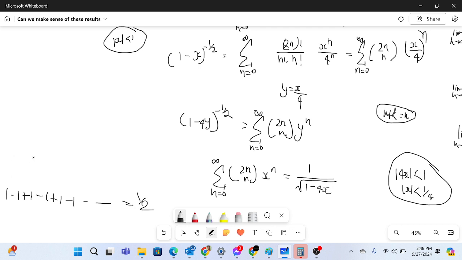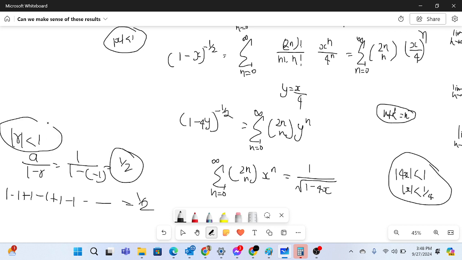And how do we get that? Just a by 1 minus r. First term is a, 1 minus our ratio, which is minus 1, so that's why 1 by 2. Even though it's told that the modulus of the ratio should be less than 1, the ratio here is of modulus 1 and we are still using it and getting a value.